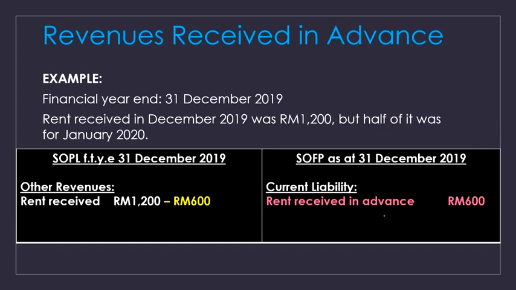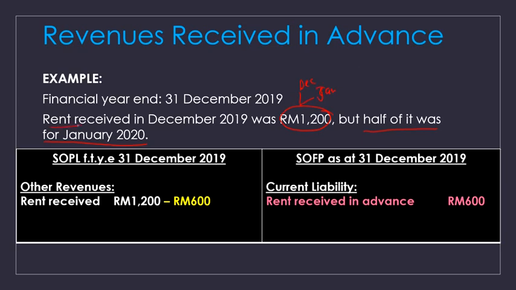Next kita akan buat pula revenue received in advance. Okay, so sama financial year end 31st December. So rent received in December 2019 was 1,200, but half of it was for January. Okay, maksudnya dalam 1,200 ni dia bayar untuk December and January.